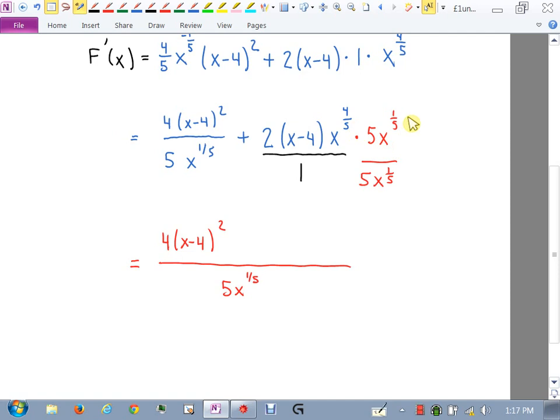Just x, because you add the exponents. 4/5 plus 1/5 is 5/5. 5/5 is 1. So this is really going to turn into a plus 10x times x minus 4. Y'all see that? Isn't that nice? This right here times the 2 is this. Questions?